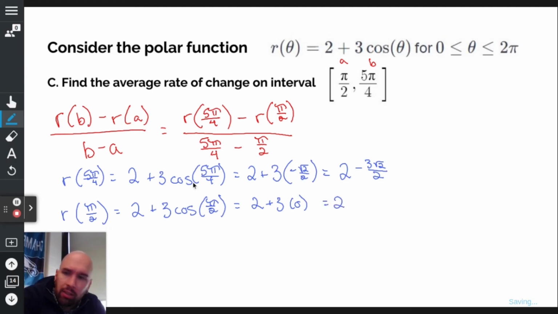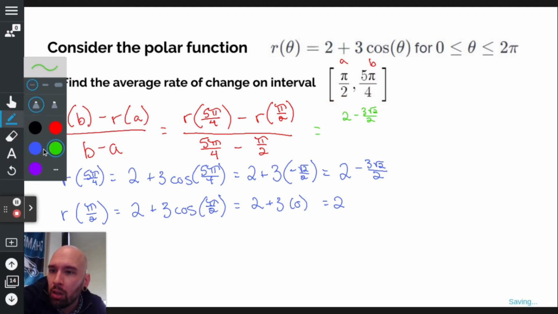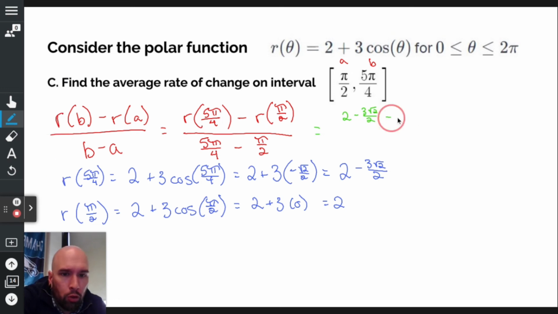So now that I have this information, I can replace r of 5 pi over 4 with 2 minus 3 root 2 over 2, with unnecessary parentheses, so let me just get rid of those. Now we're going to subtract r of pi over 2, which is just 2. If I had more there, then I'd want the parentheses, but I don't need them. Why don't I change this to 2 times 2 so I can have 5 pi minus 2 pi over 4.